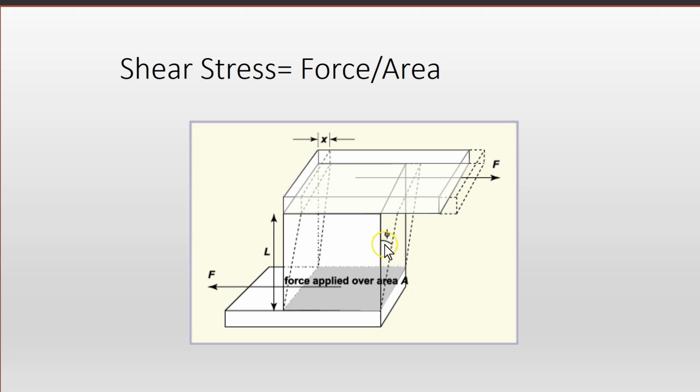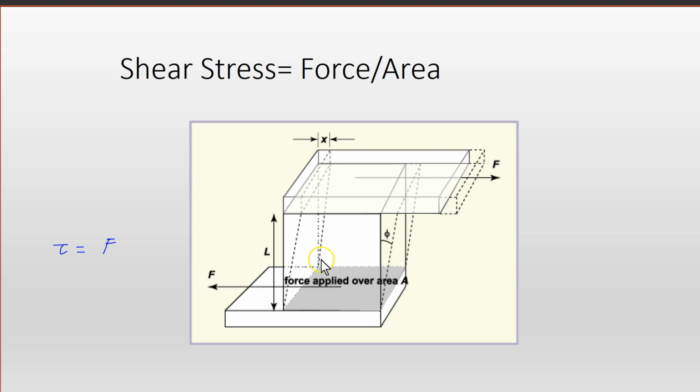That change in shape is related to strain, and in this case the strain is given by this angle in radians. The shear stress in this case, as before, tau, is going to equal the shear force being applied. Notice that these are equal and opposite, and that's what allows the material to be kept in equilibrium.